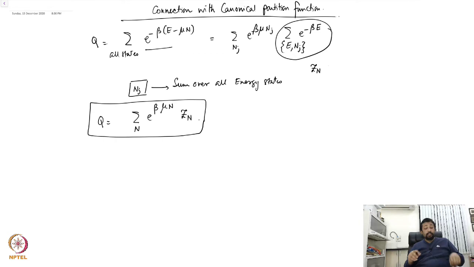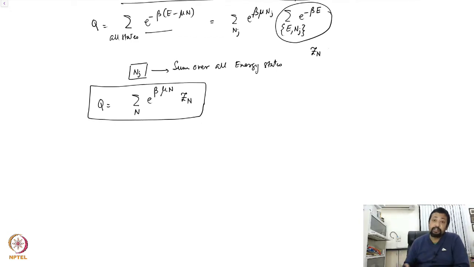Now recall, in the canonical ensemble we did non-interacting systems, and we said that the n-particle partition function can be expressed in terms of a single particle partition function, where q is my single particle partition function. Note, here is where I am changing the notation.